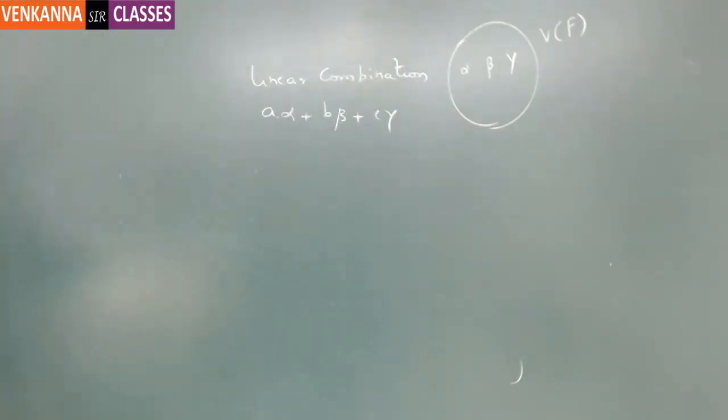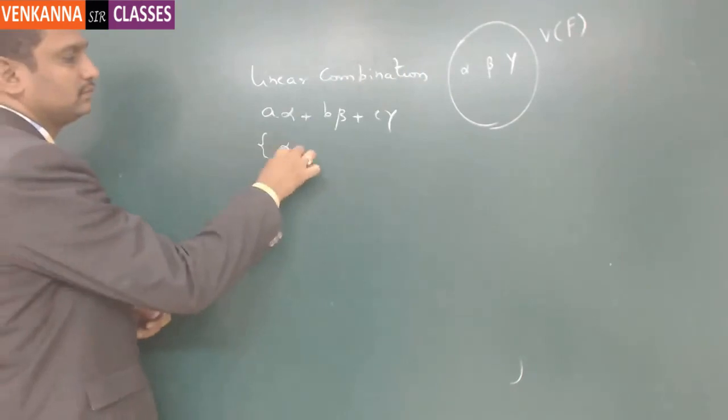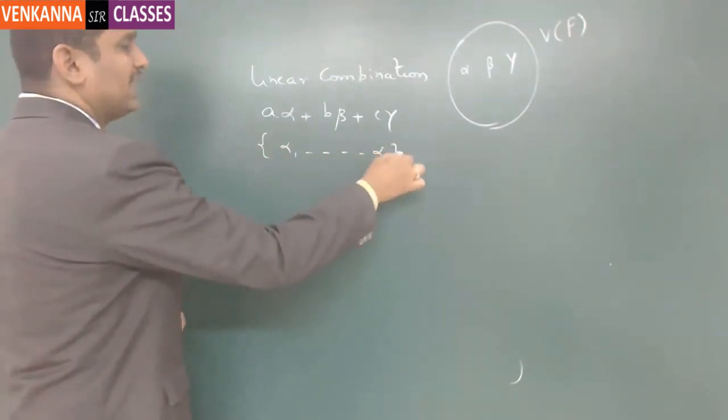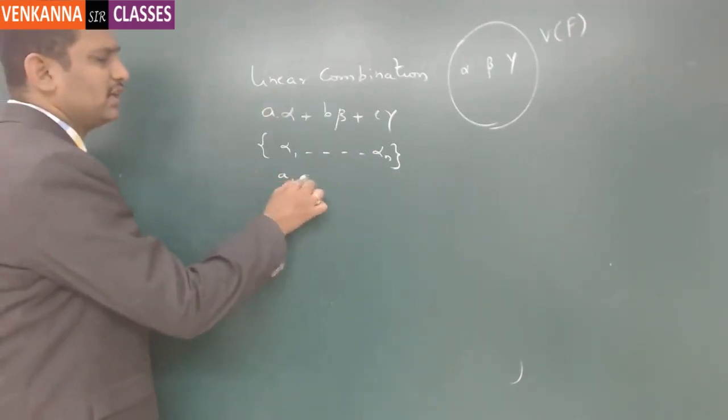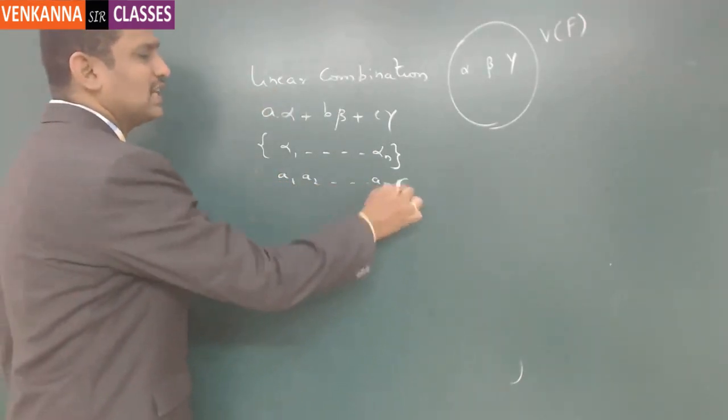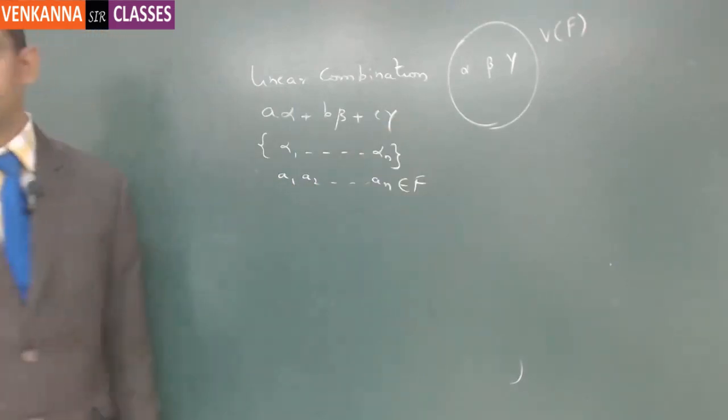So if you generalize that, you take a set of n vectors, alpha 1, alpha 2, so on, alpha n in the vector space V of f. And you take any scalars in the field a1, a2, so on, an, which are scalars in the field f.